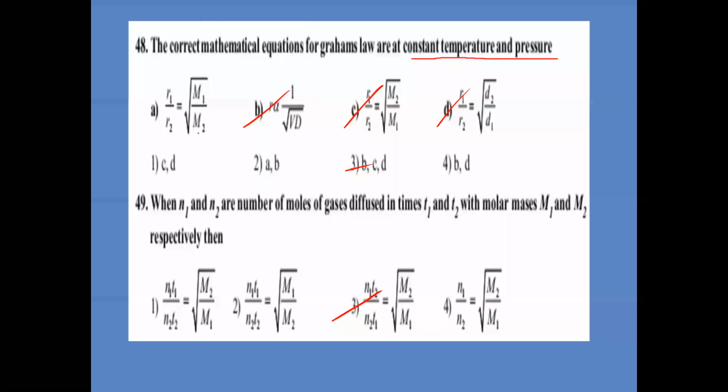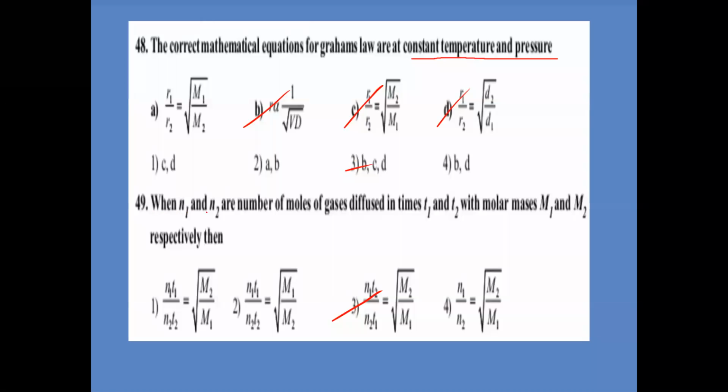This is wrong; it should be R1 by R2 equals under root M2 by M1. Next, the rate of diffusion of a gas is inversely proportional to the square root of vapor density, and R1 by R2 equals under root M2 by M1 is right. Next, R1 by R2 equals under root D2 by D1 is also correct. So B, C, D, the third option, is right.